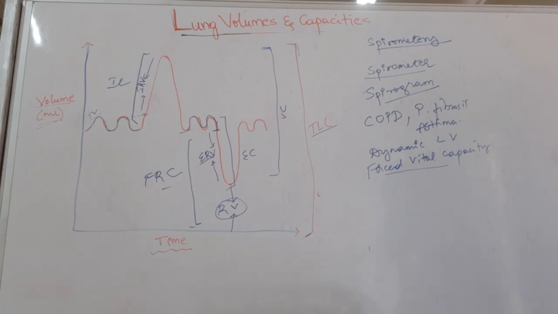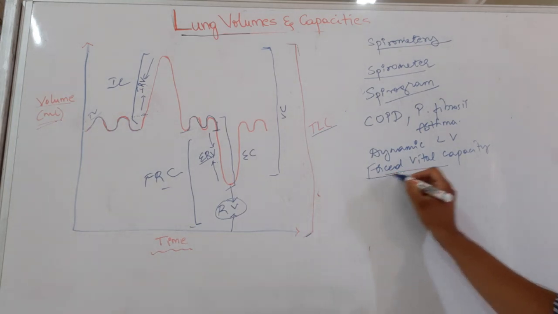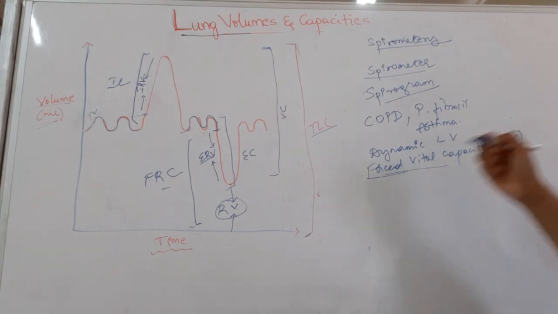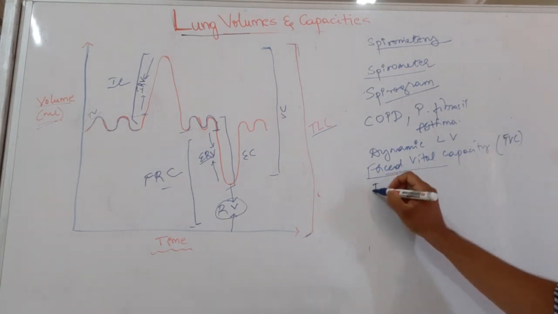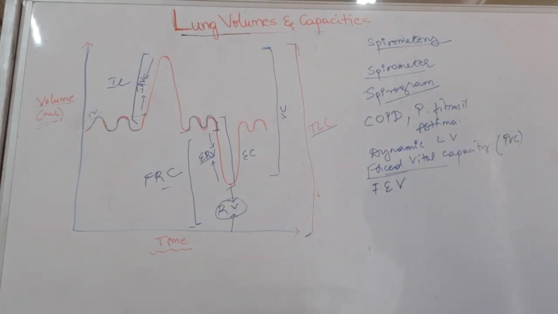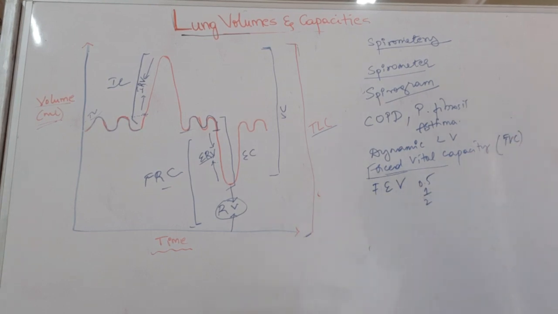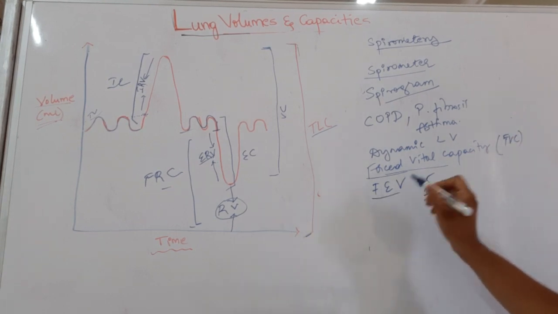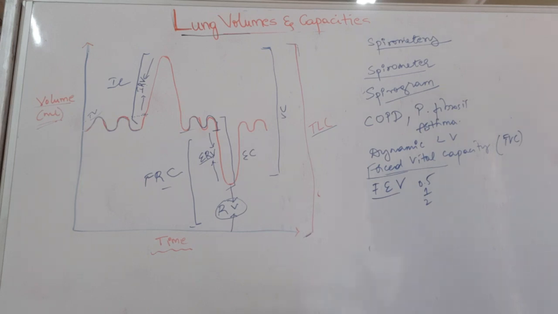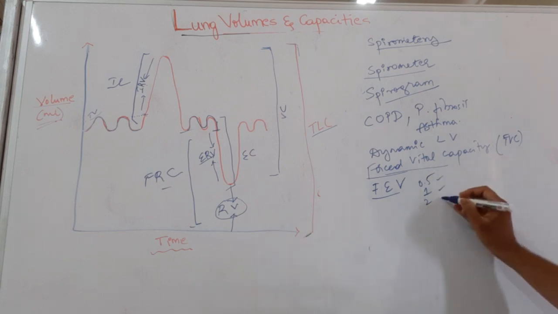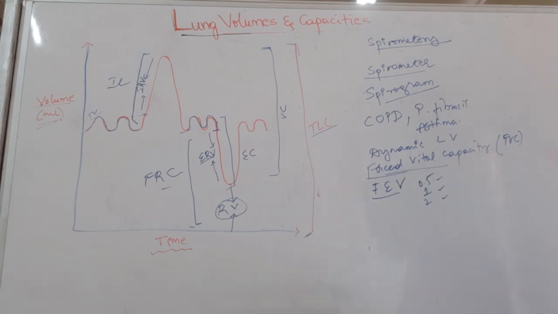First you take the maximum amount of air by inspiration, then you forcefully expire the air rapidly, which is referred to as forced vital capacity. And we have the forced expiratory volume, which can be measured in 0.5 second, 1 second, 2 seconds, etc. It is the volume of air forcefully expired more rapidly in 0.5 second, 1 second or 2 seconds, which is calculated to know the normal values.